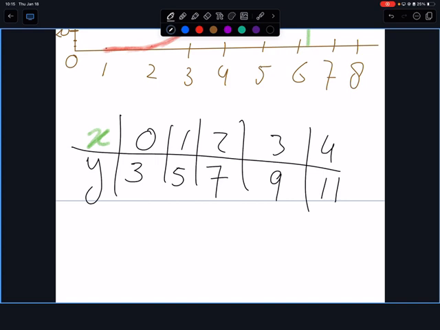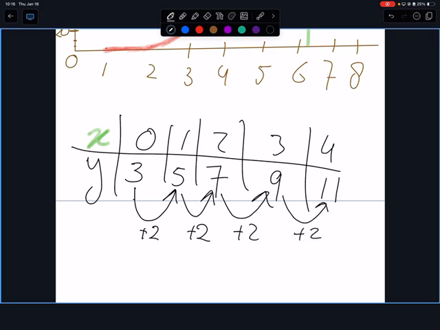Looking at the table, I know it's a linear equation. The increase stays the same. That's how you know it's a linear equation. As soon as one of them is different, it's not a linear equation anymore. So all of them have to be the same.